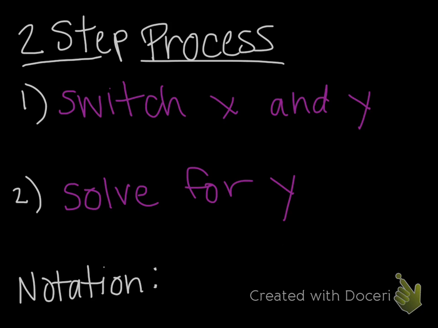It'll be different for every single problem. It just depends how the problem looks. The notation for the inverse you will typically see will look like this. I know we did just spend a good amount of time going over negative exponents. This is not supposed to be a negative exponent. This is interpreted to be the inverse of f. That's how you would pronounce it if you see that.